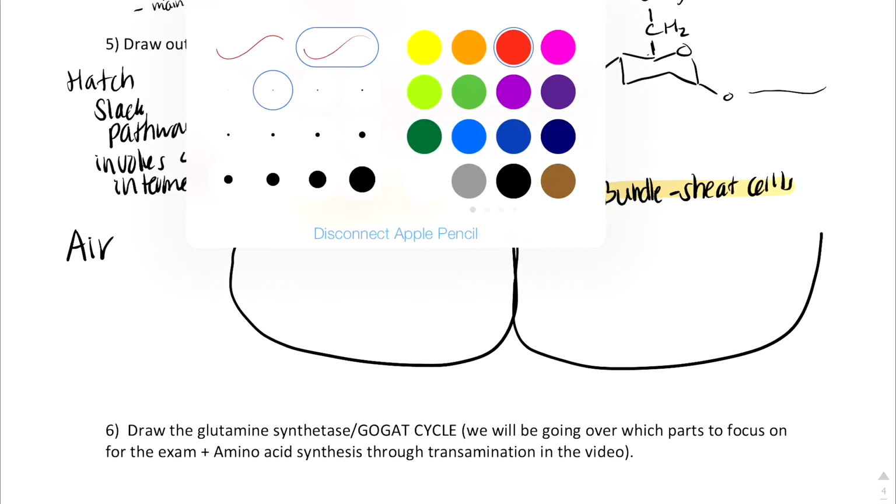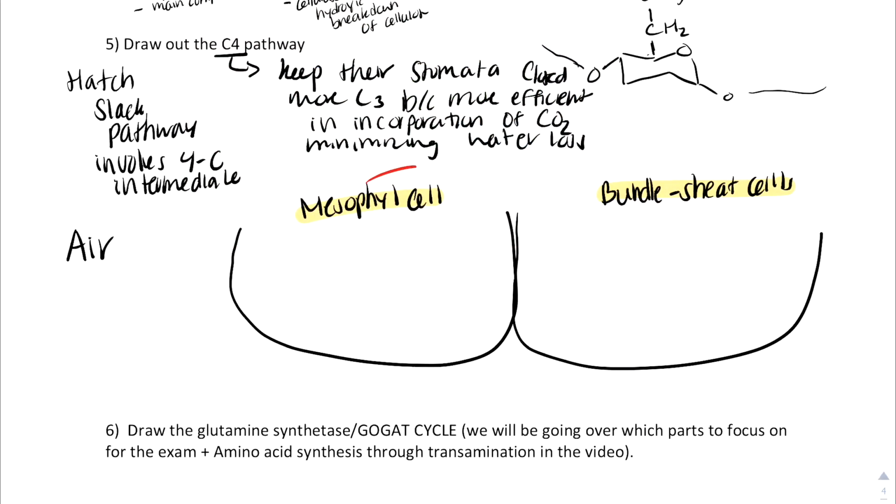The mesophyll cell is where photosynthesis occurs. And this specific cell needs CO2, and it can receive that CO2 from the air.